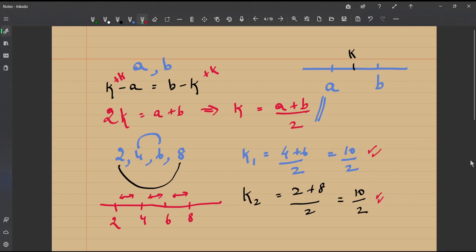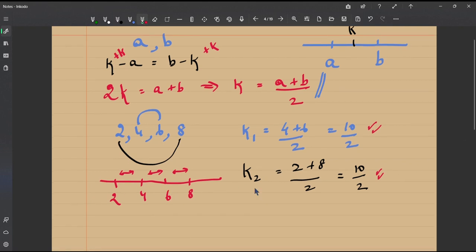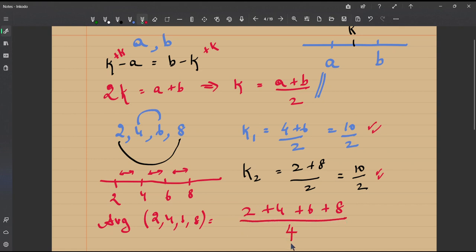Now, in this case, let's find the average of 2, 4, 6 and 8. How do we find the average? We just saw that average was the sum of all, the sum of 2 plus 4 plus 6 plus 8 divided by the number of terms, which is 4, right?